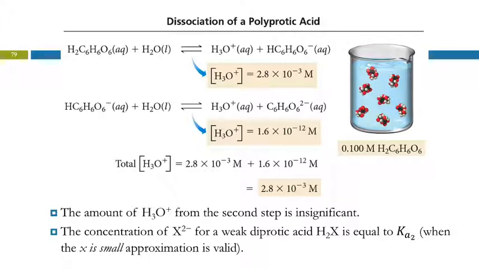You're given the initial concentration, right? And so you can see if it's dilute. Anytime you use X's small approximation, you should always check. Take the X value you got and divide it by the number you were going to add or subtract it to. And if it's not small, then you have to do the solver thing and find out what X really is.